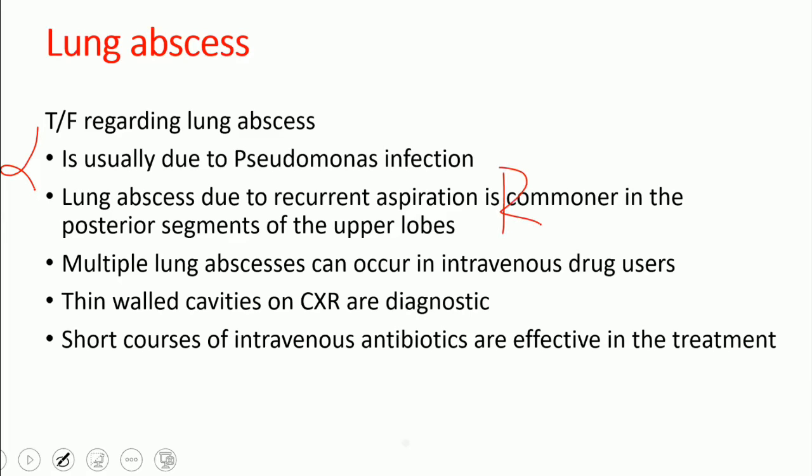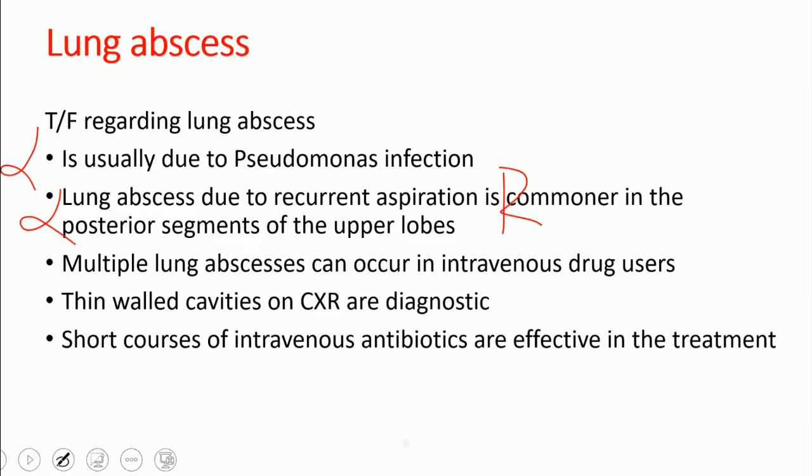Now, there are several important causes of multiple lung abscesses, so let's talk about that now. Multiple lung abscesses can occur in patients with melioidosis. That is a very famous cause of multiple lung abscesses.